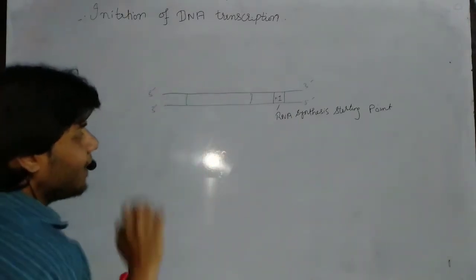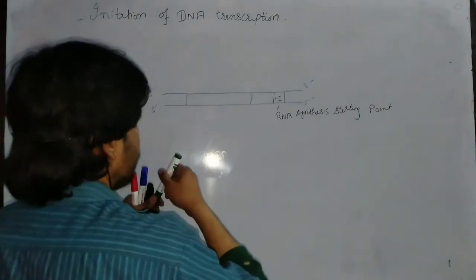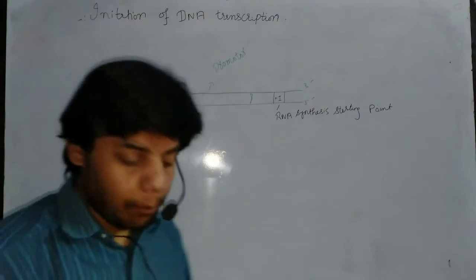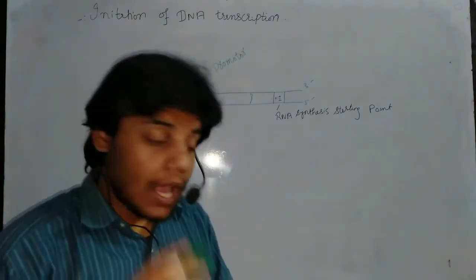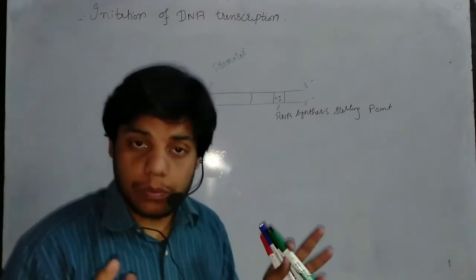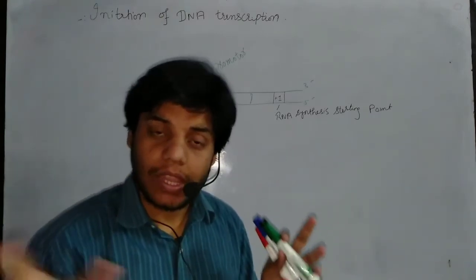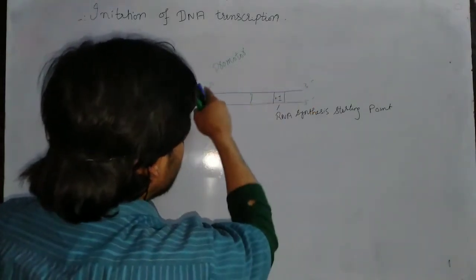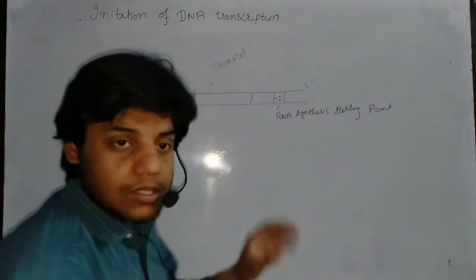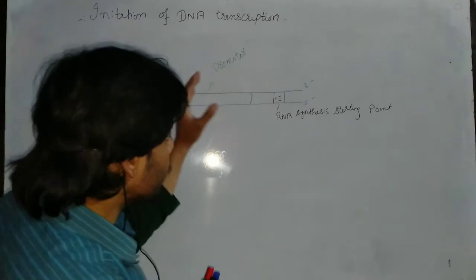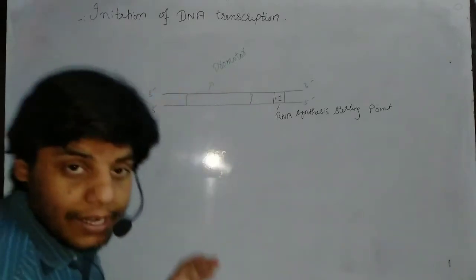Now that area is called the promoter region, and at that specific region RNA polymerase 2 can bind. Remember, RNA polymerase 2 is a very huge protein, a very large enzyme as compared to DNA polymerase. It can cover the whole DNA, meaning it can cover the promoter as well as the starting point. It is very long.